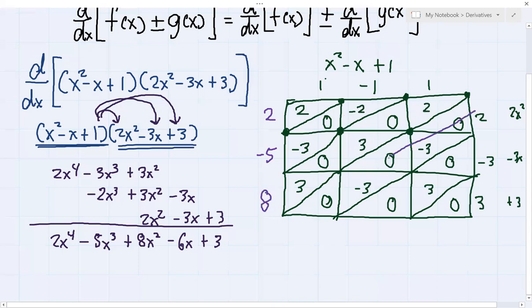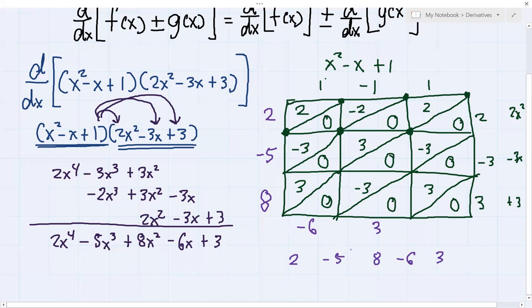Then next, 0 minus 3 plus 0 minus 3 plus 0, we have negative 6. And lastly, 0 plus 3 plus 0 is 3. So let's copy all of the coefficients: we have 2, negative 5, 8, negative 6, and 3.